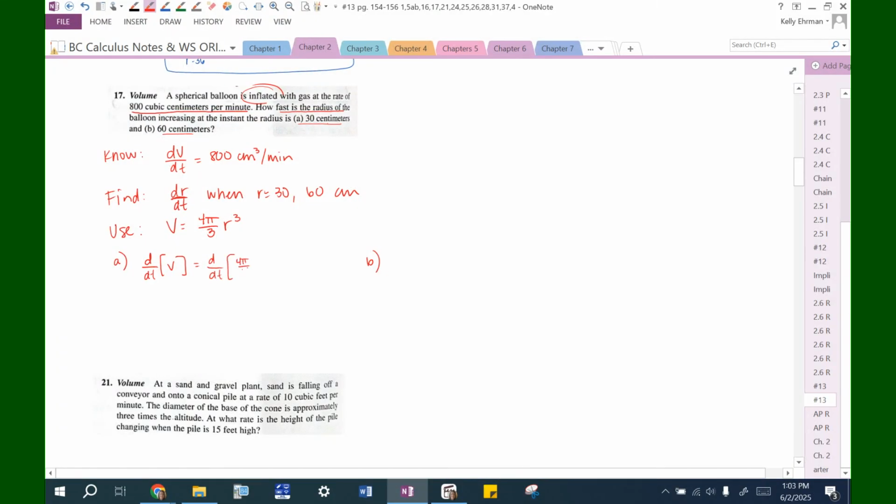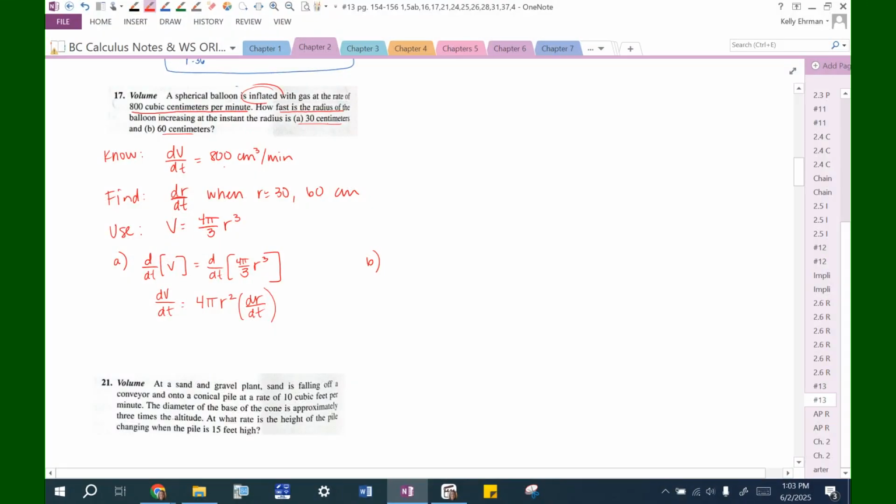I'm going to keep doing it throughout the assignment, but you can start skipping that step if you're comfortable with it and get right to my next step, which is the derivative equation. So I'm just going to write this as dV/dt equals 4/3 pi times 3r squared, which becomes 4 pi r squared. Chain rule, dr/dt.